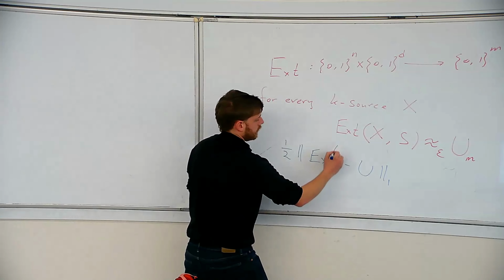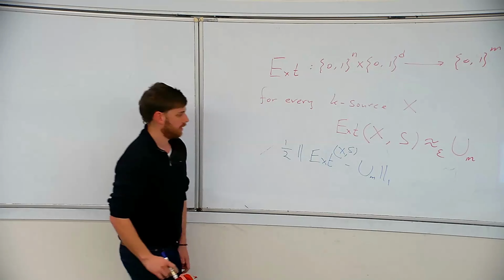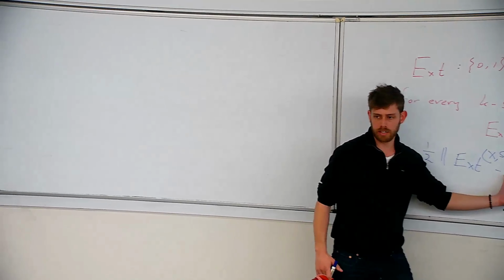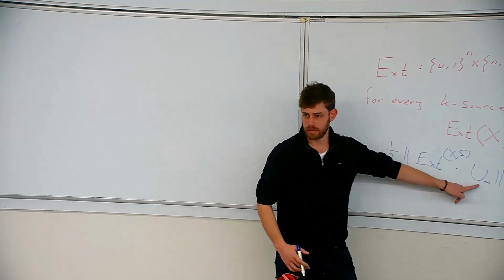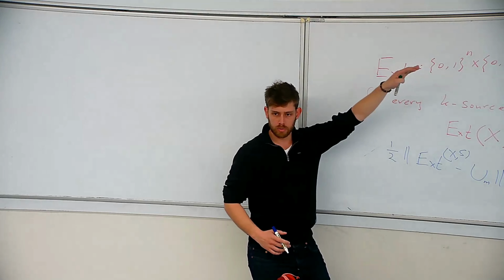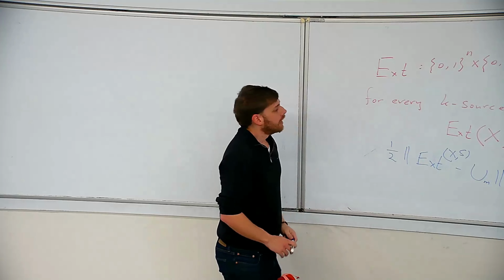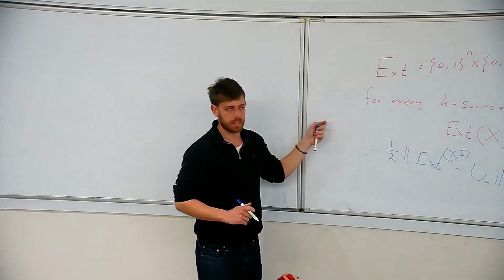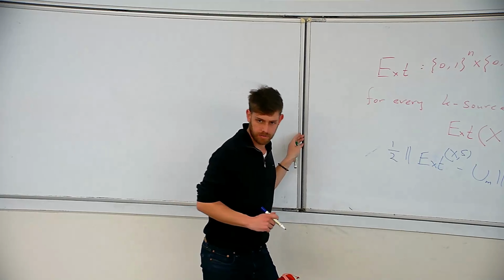So this is Ext(X,S), and this is just uniform, when we look at the extractor and the uniform distribution as vectors over all possible outputs, where the uniform distribution is just 1 over 2 to the M. Okay, so today we're going to construct the seeded extractor based on random walks and expanders.